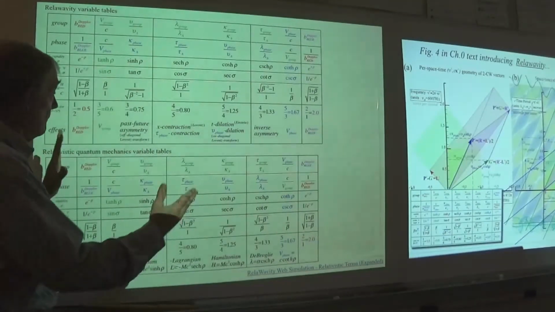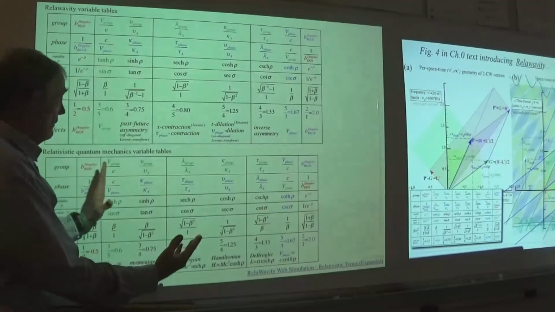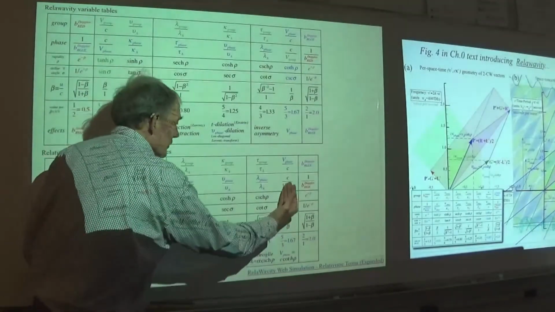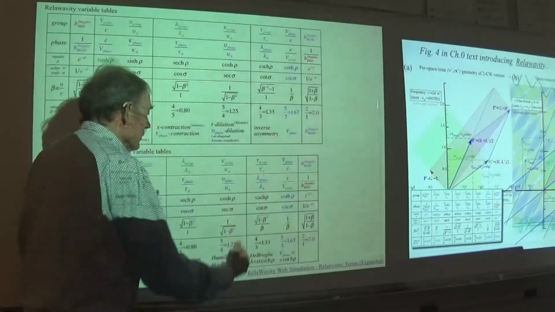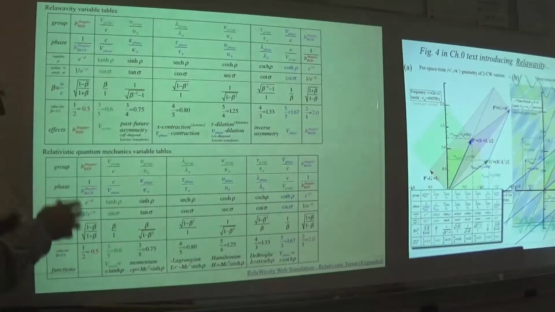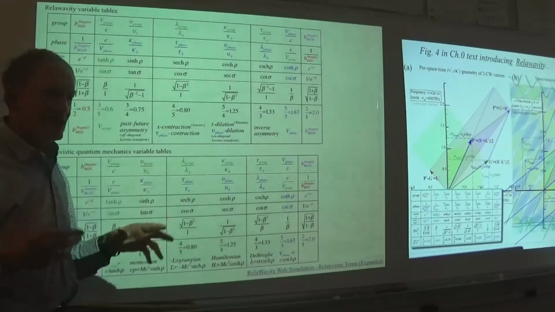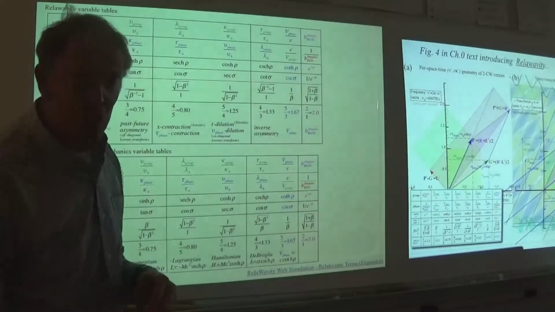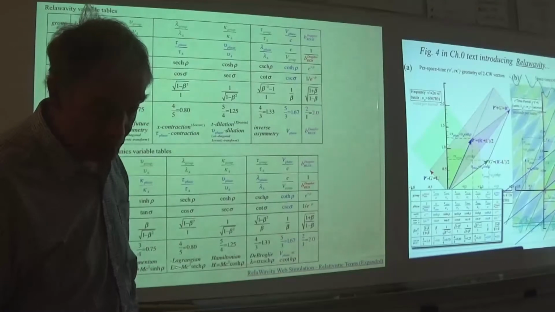So remember, on both of these tables, they're identical except for their physics. Everything on this side is inverse of the corresponding position here. This is inverse of that, and this inverse of that, and this inverse of that. So it's a highly inbred theory. It's got all of these things that get used over and over again, which can be very confusing. But here we try to separate that.